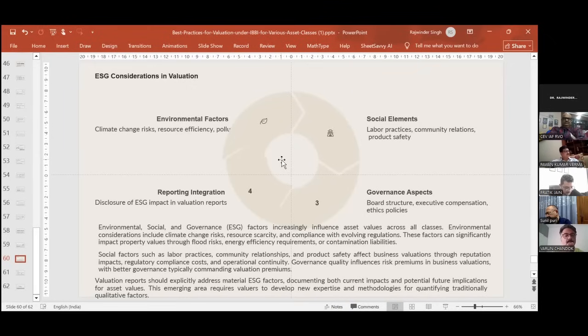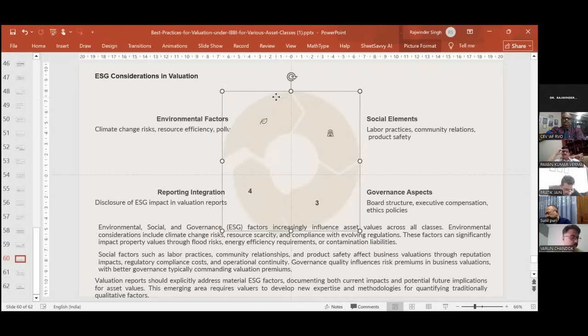Otherwise, even if they are not doing valuation for ESG, many times we have to take into consideration these environmental, social, and governance factors in our valuation. So environmental factors like climate change risk, resource efficiency, pollution, etc., may be taken into consideration while we are doing valuation.